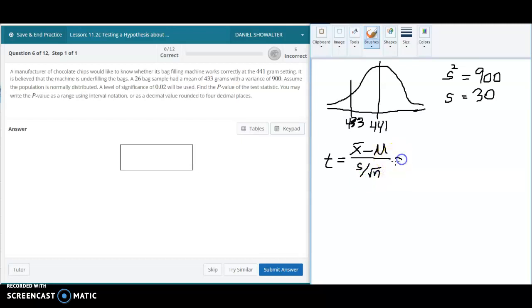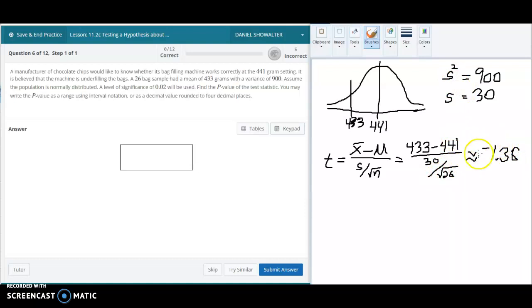So let me go ahead and fill those in. Okay, and 433 was our sample mean, 441 is our null hypothesis mean, 30.